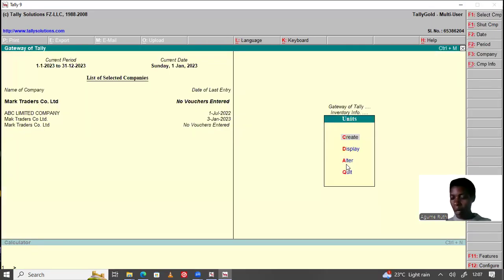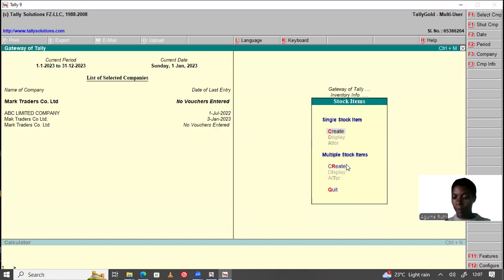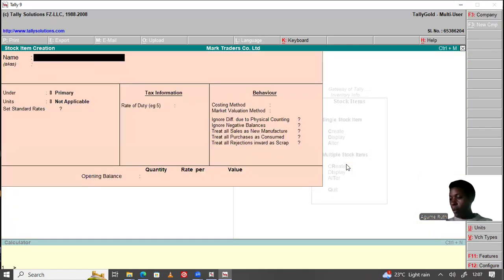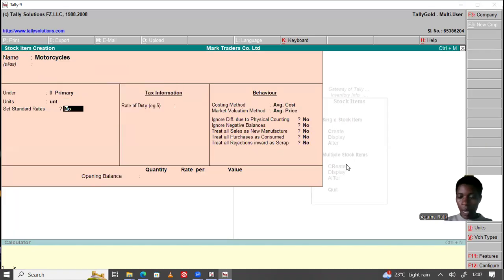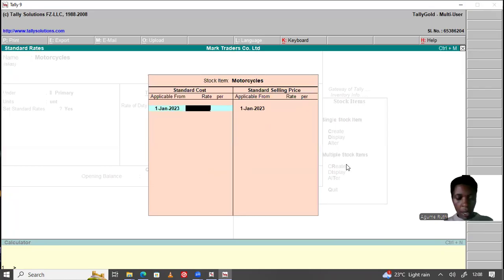Then I go back because those are the only two, and then I say stock item creation. The first one is motorcycles. The symbol is in units. I say yes for the standard rates. Then I put in the standard rates.